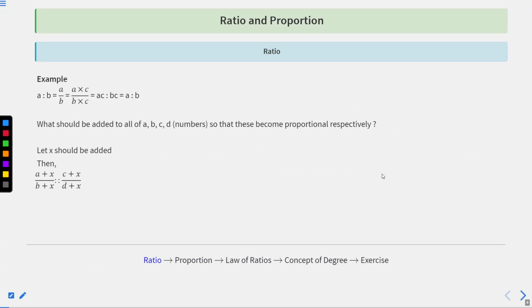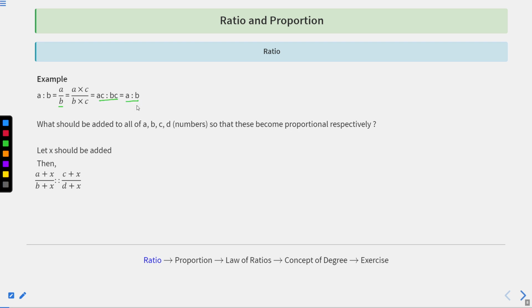For example, if I have the ratio A is to B equal to A upon B equal to A into C upon B into C, then the ratio will not change. It will be still the same. AC is to BC, that is A is to B.